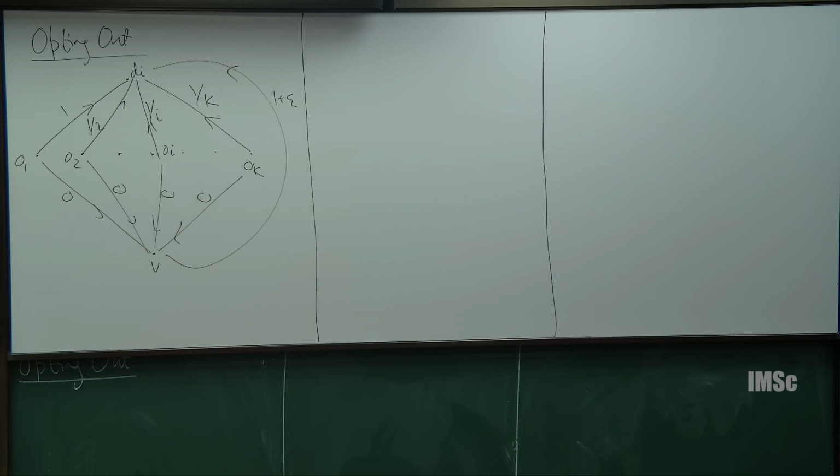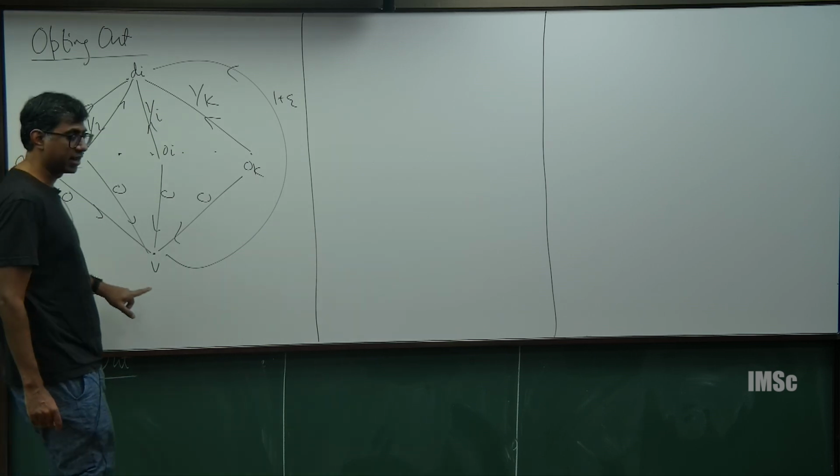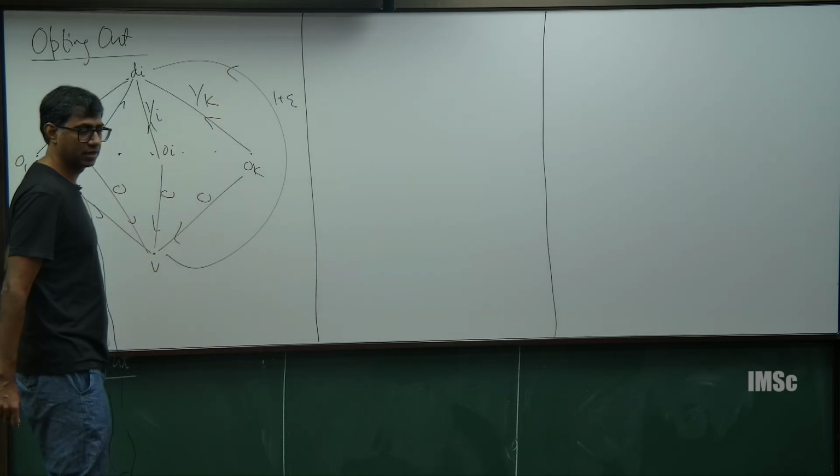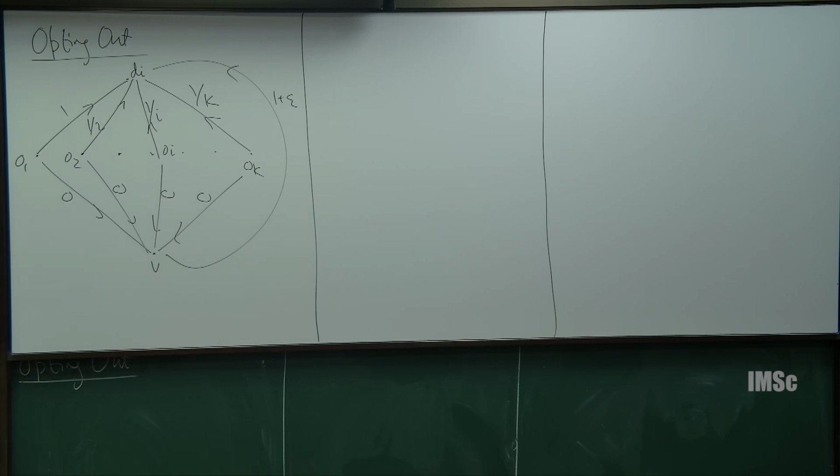One plus epsilon. Right. So, if everybody chooses to just meander around to V and zoom via that, then that is the best. So, look at this strategy P. What everybody chooses, let us say, is path O1 V and then di, O1 V di, OI V di, OK V di.